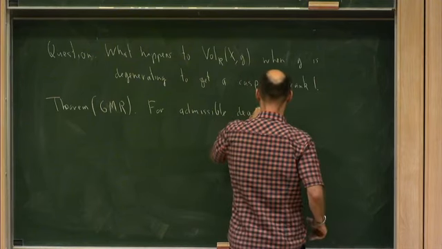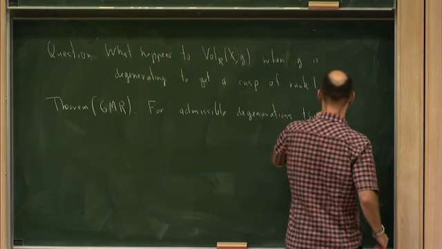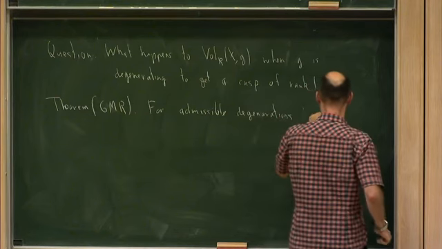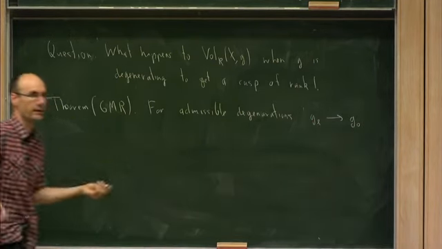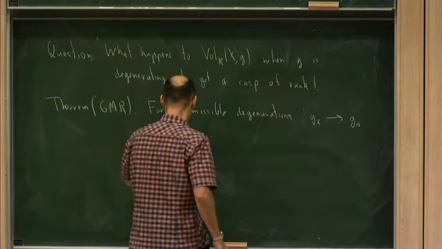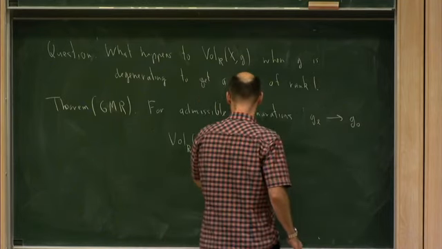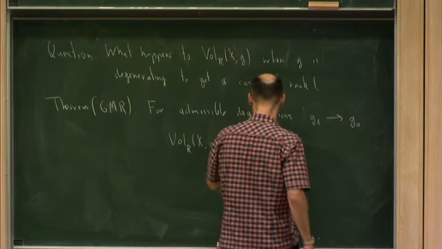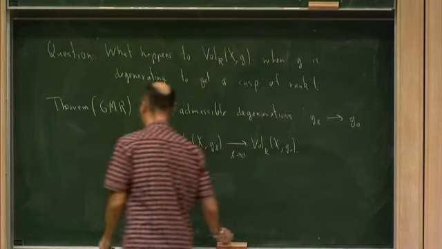For g_L that converges to g_0, with g_0 having a cusp of rank 1, the Renormalized volume, when L goes to 0, tends to the Renormalized volume of this metric with a cusp of rank 1.